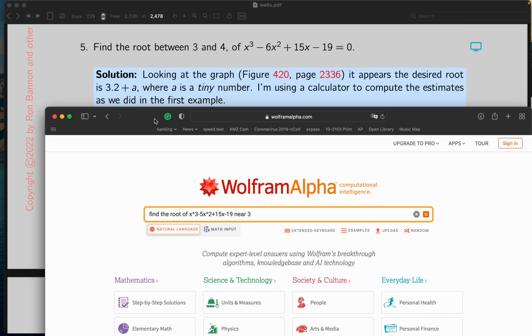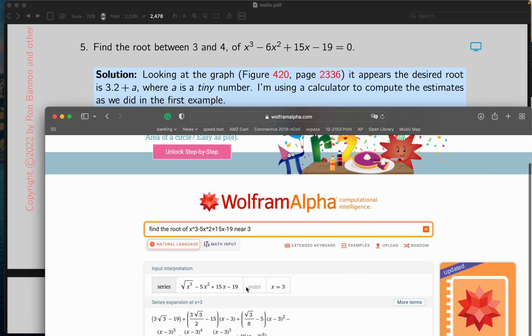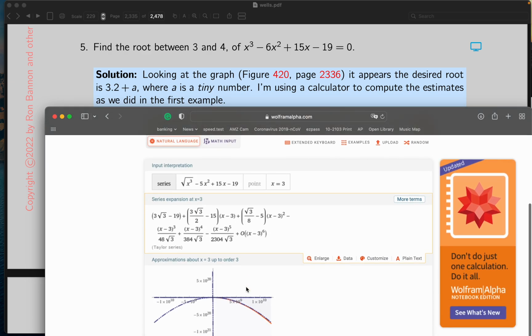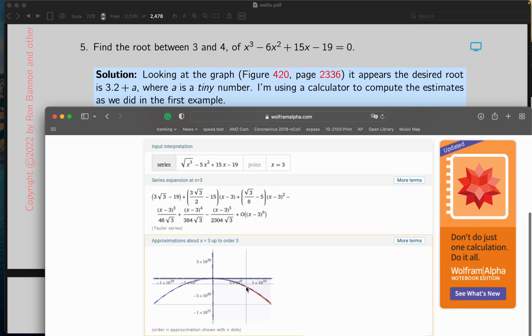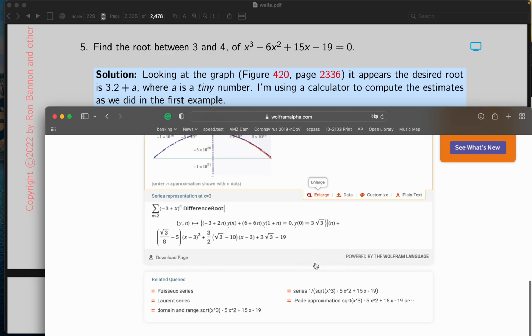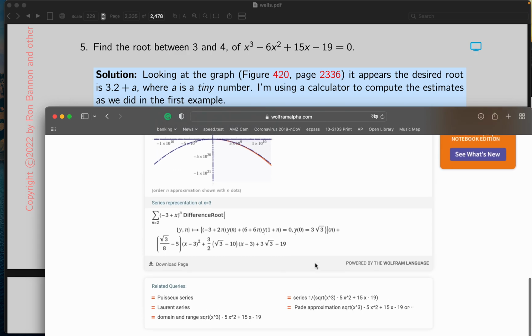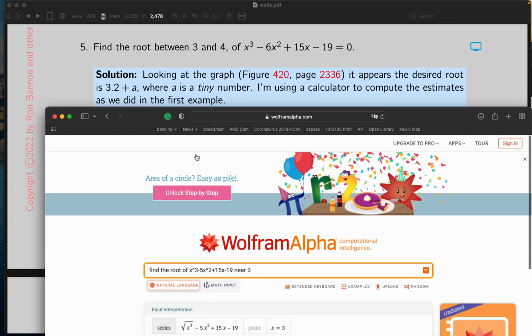I'm going to hit return and see what it does. I think you probably see something going on here that might be confusing, or I'm not seeing what I want to see immediately. So I'm going to say solve, equals 0, near 3.